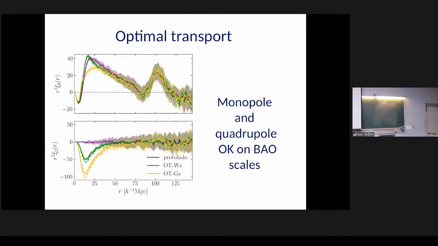This is the 2-point functions. It doesn't matter what model of the dust you use on BAO scales, but it does matter on smaller scales. So you remove the quadrupole on large BAO scales, but not on smaller scales.